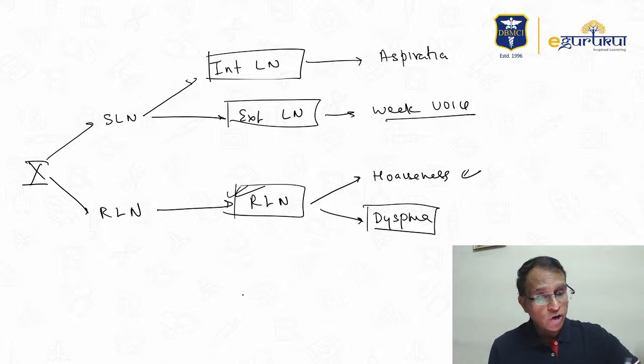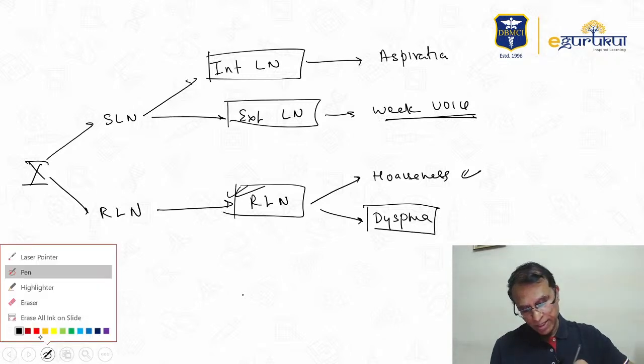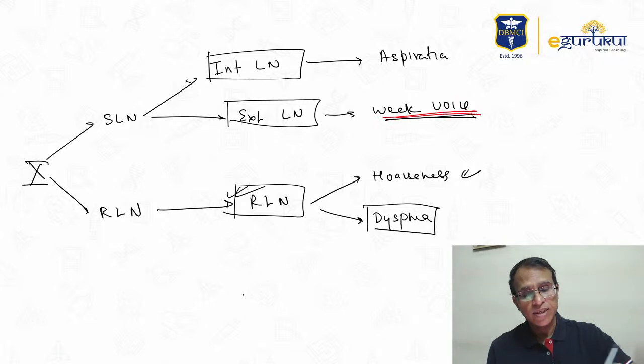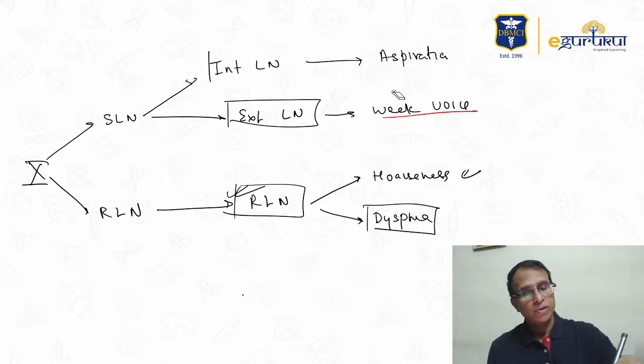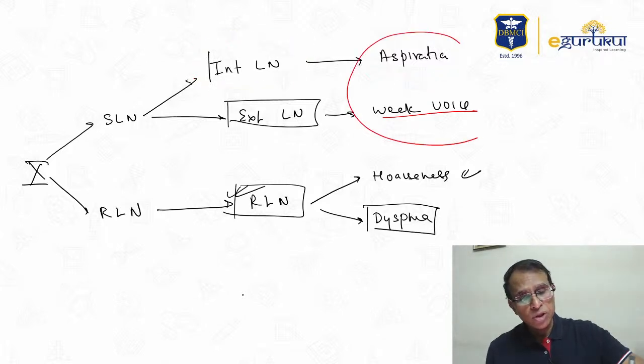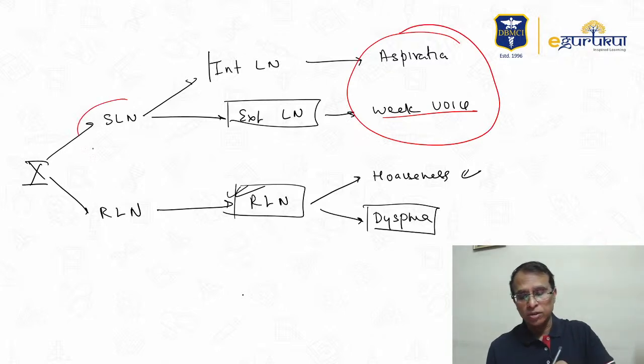If only weak voice, if the choice says the only complaint is weak voice, then external is gone. Okay. If the only complaint is aspiration, then internal is gone. Right. If the patient has both, these symptoms are possible when superior is gone.